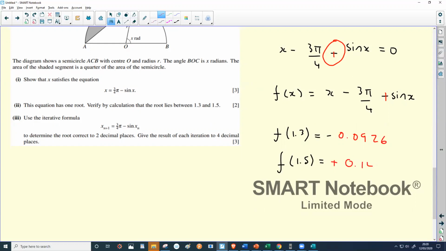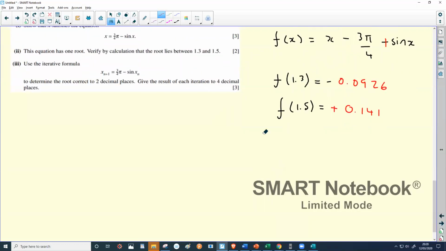So because of a change in sign, therefore the root lies in the interval 1.3 and 1.5.